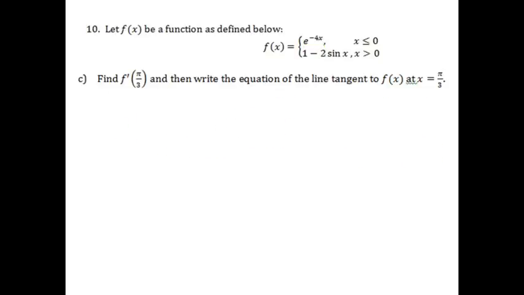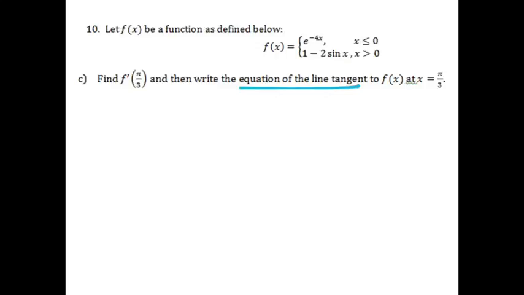All right, in the last part of this question, we're asked to find f prime at pi over 3 and then write the equation of the line tangent to f of x at x equals pi over 3. So we're asked again to write the equation of a tangent line.